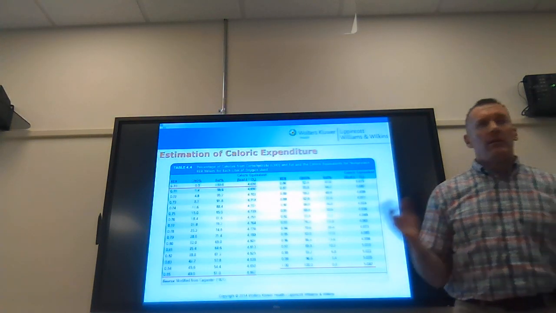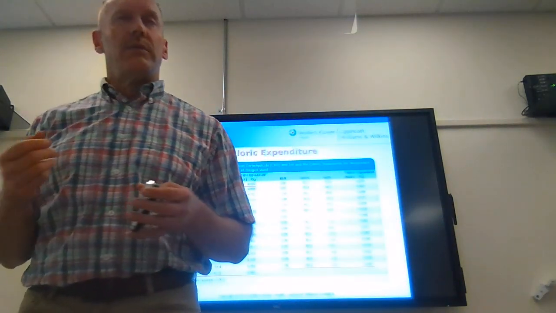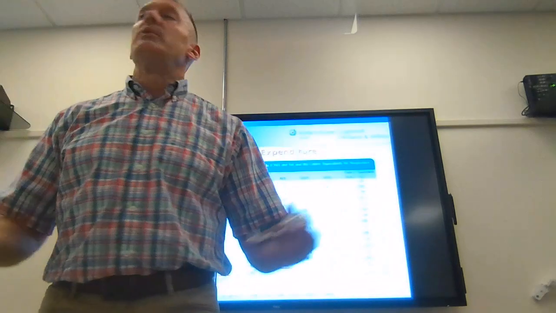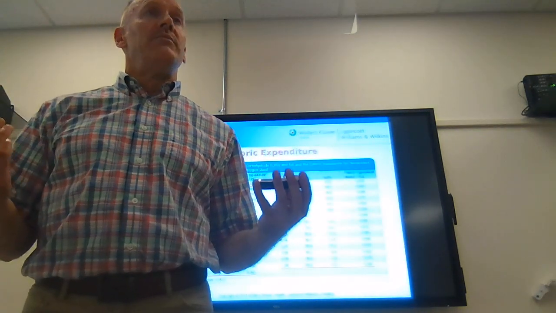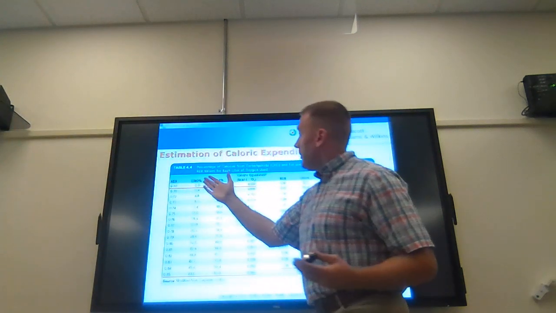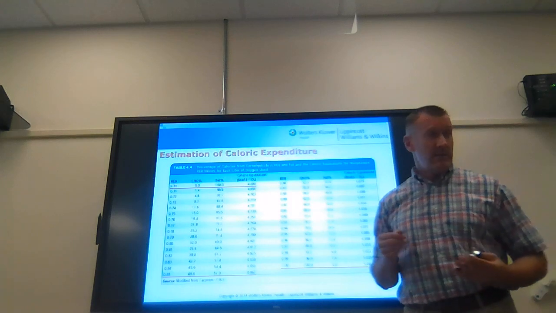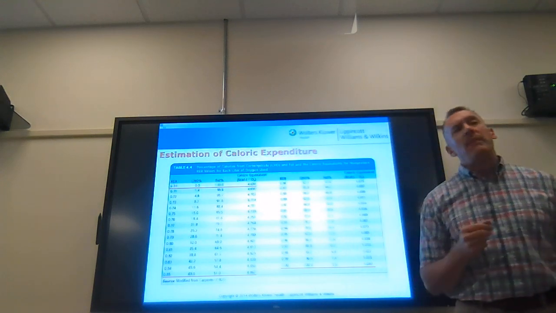So do you get the idea on the respiratory exchange ratio, how it's calculated? The amount of carbon dioxide we produce divided by the amount of oxygen that we consume, and we can tell based on that the percentage of calories coming from carbohydrates and fat. So why does this matter?